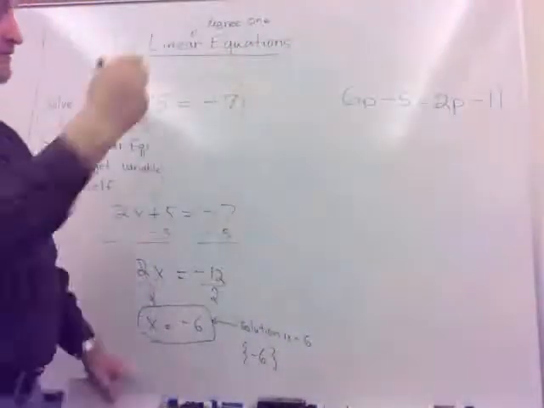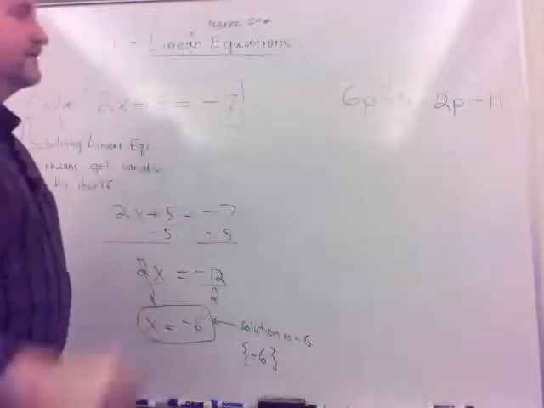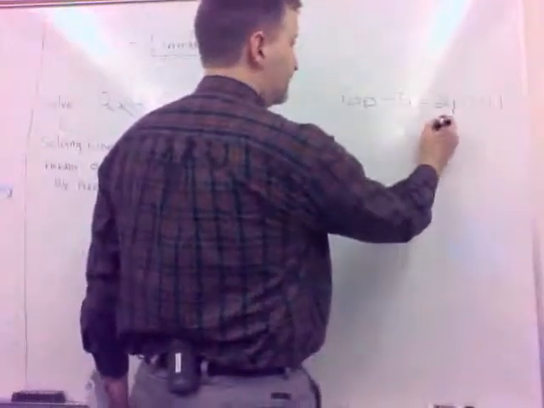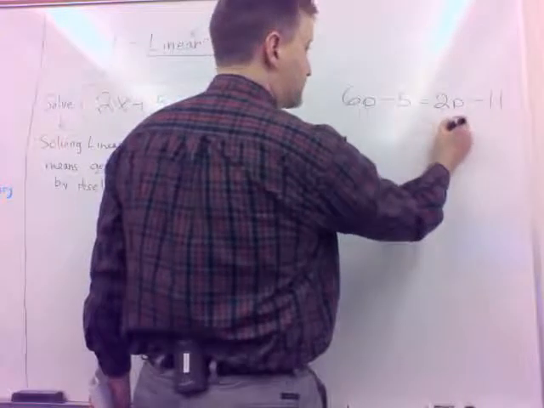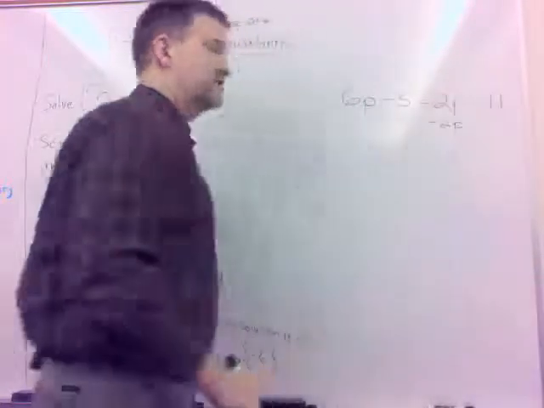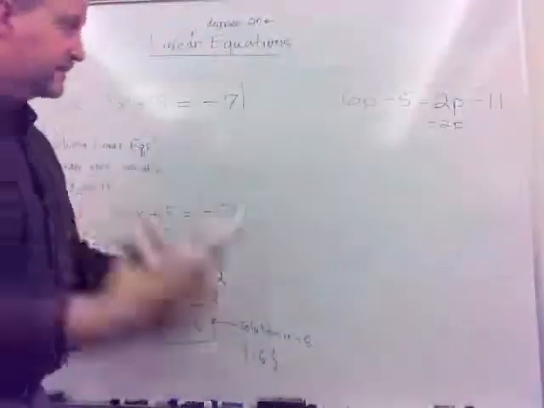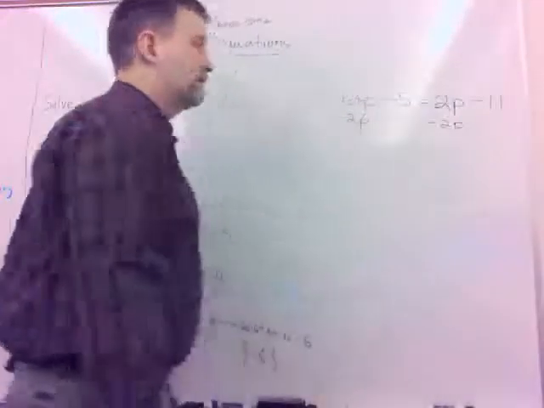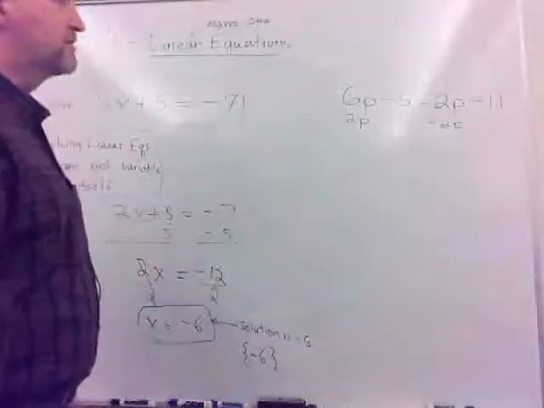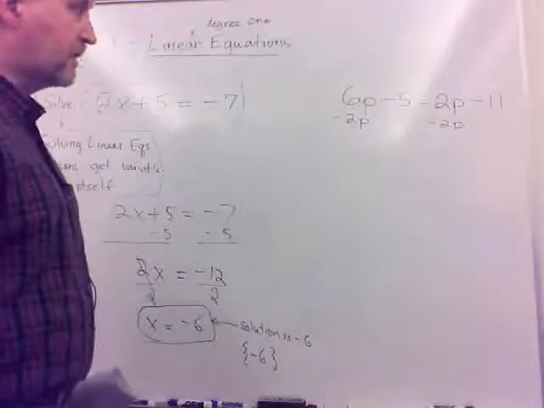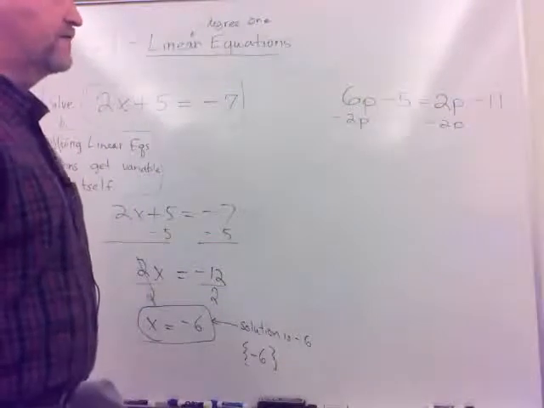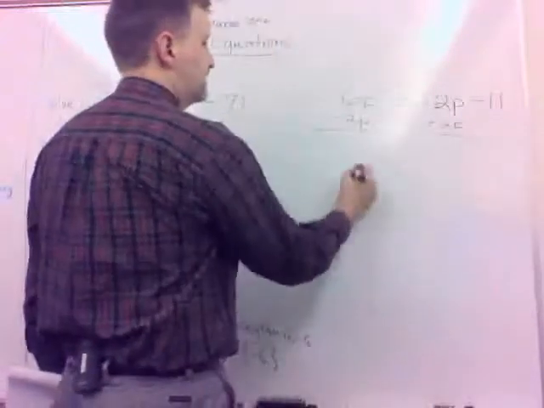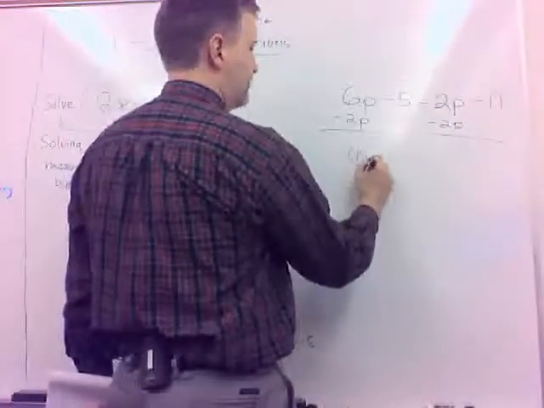To do that, of course, we have to follow the rules. To move 2p, we need to subtract it. 2p minus 2p would be 0, so that gets rid of it on the right side, but I have to do the same thing to both sides, so subtract 2p from both sides. 6p minus 2p gives me a 4p.